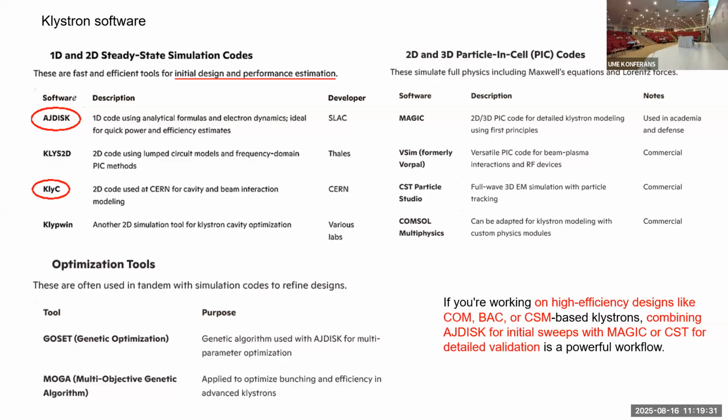That's the CERN software. You can download it freely, the 1 and 1.5 dimensional one. And the 2-dimensional one, it's secret or not, I don't know, maybe so. I'm not aware of it.